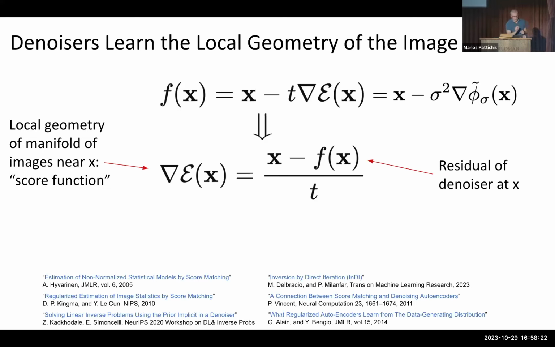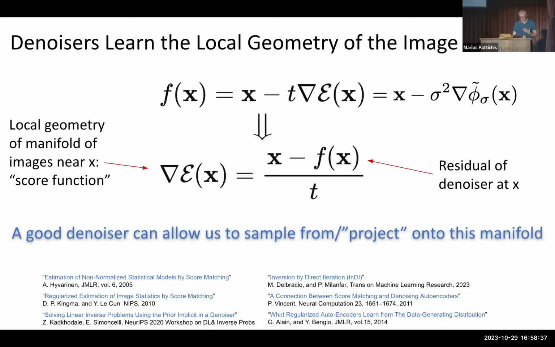And the gradient of that is like a tangent space, right? So what it says is that the residual of a denoiser is telling you something about the local geometry of some presumed manifold on which images live. To put it more intuitively, what it says is that if you have a good denoiser, it allows you to understand something about the geometry of the space and allows you to sample from that space or to project onto this manifold.